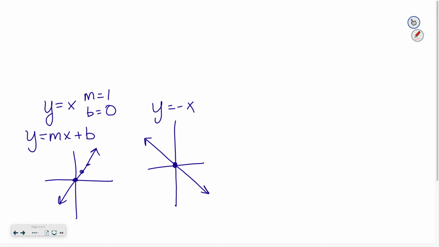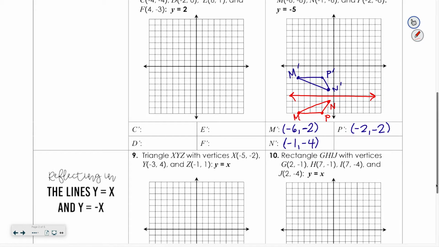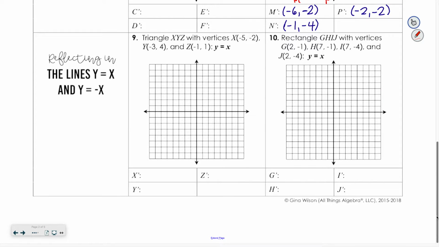Okay, so let's go back to number, I don't know what that was, 9. And I want you to graph the triangle first, and then I want you to graph y equals x. And then we're going to talk about what to do.